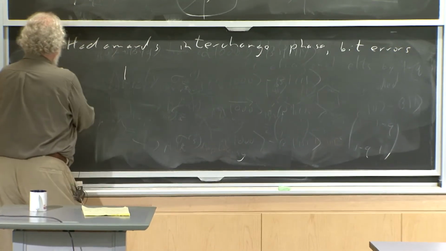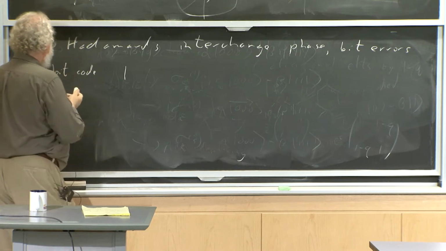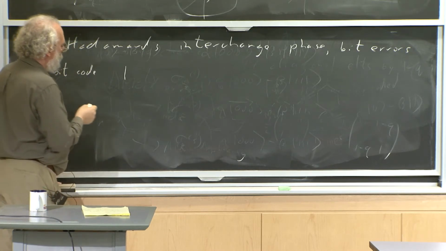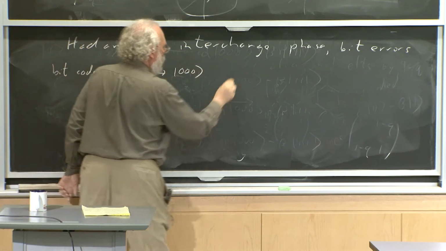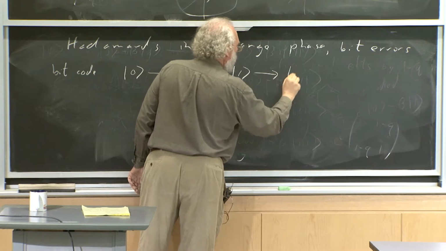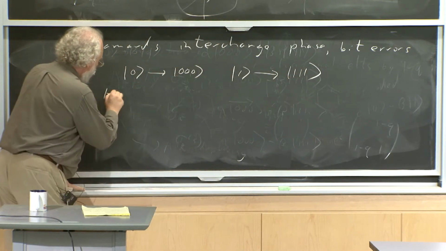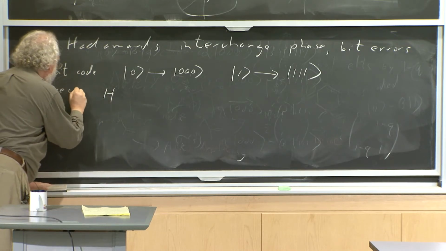The bit correcting code was 0 goes to 0,0,0 and 1 goes to 1,1,1. So let's take H. So let's say this is the phase code.